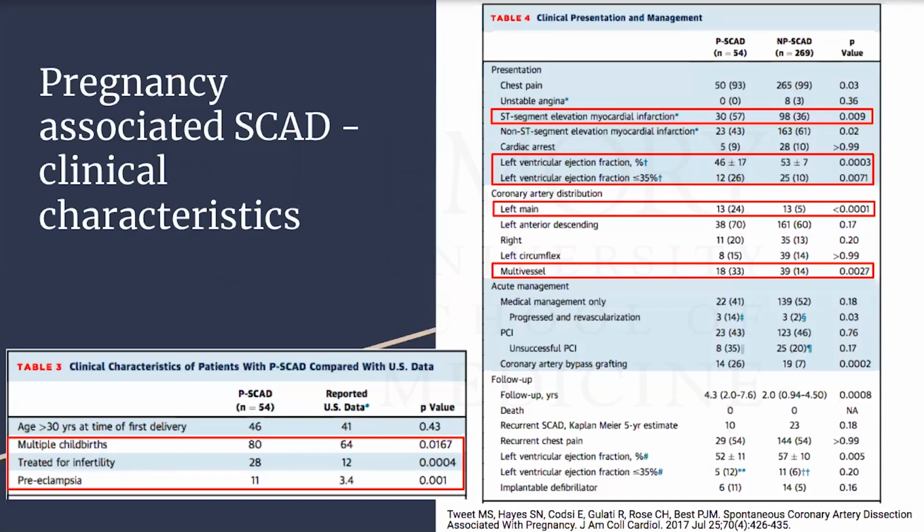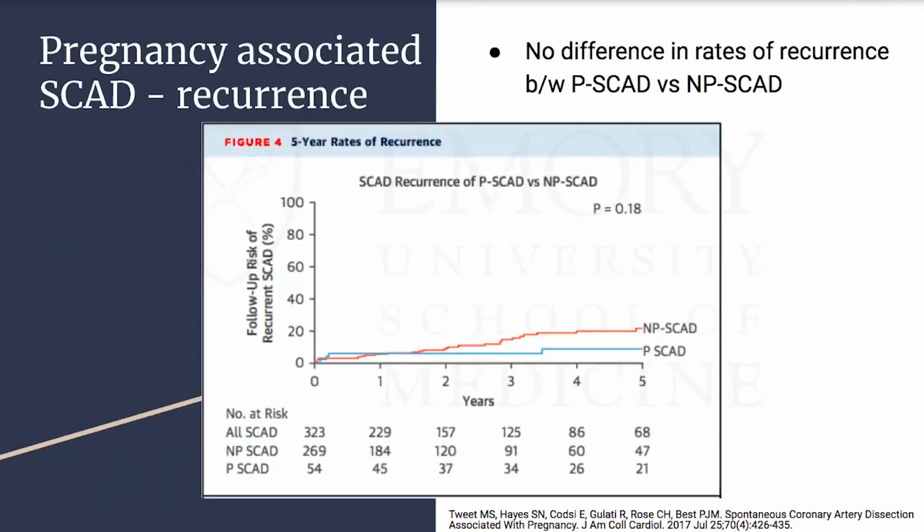Interestingly, patients with pregnancy-associated SCAD were also further characterized as more likely to be multiparous with a history of fertility treatment or preeclampsia than those patients with non-pregnancy-associated SCAD. So you can see from this Kaplan-Meier from that same cohort, the estimated 5 years of recurrence look no different between SCAD during or shortly following pregnancy.